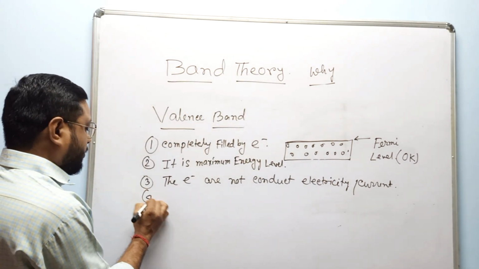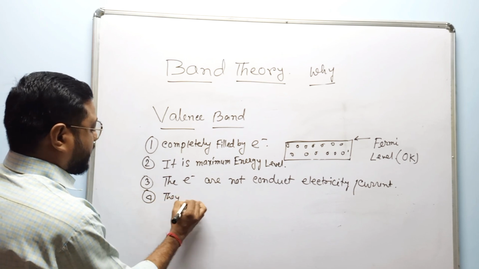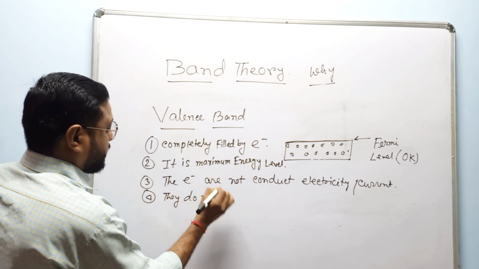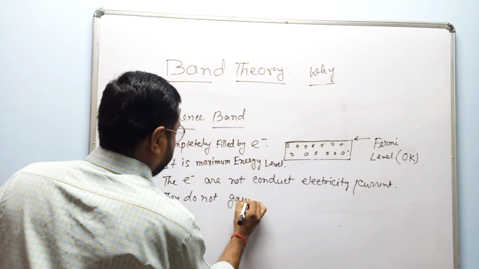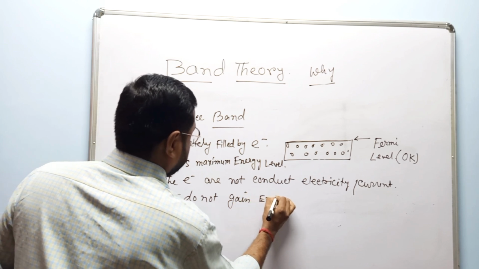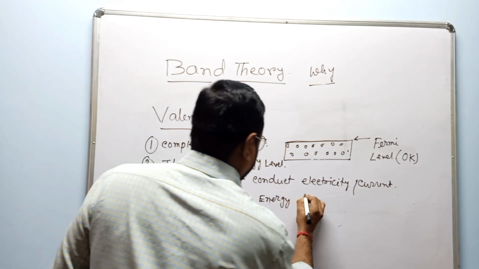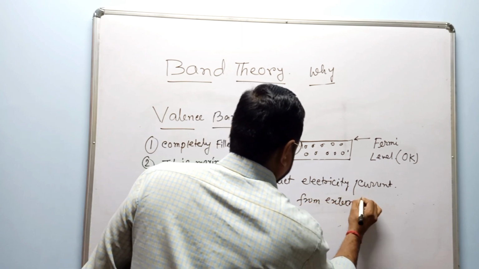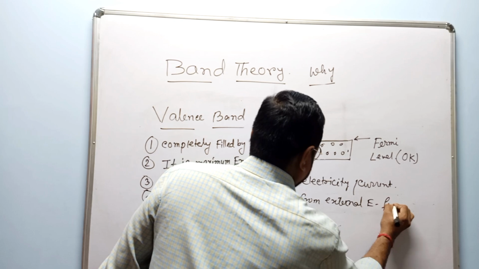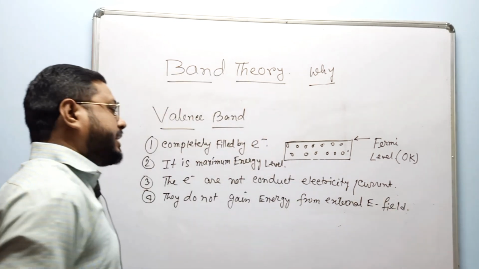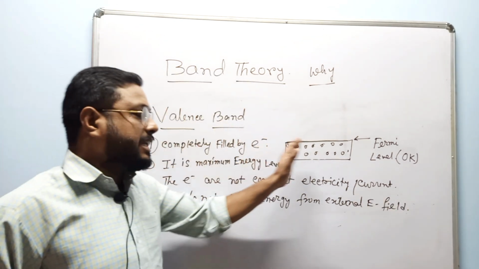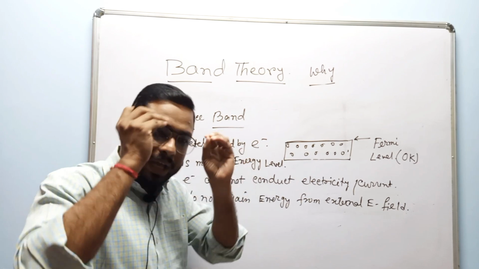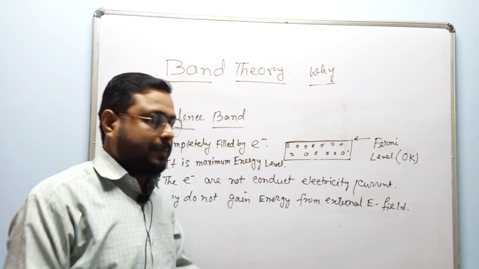So number 4, they do not gain energy from external electric field. So it is clear that the valence band electrons are not related to any current in the material.